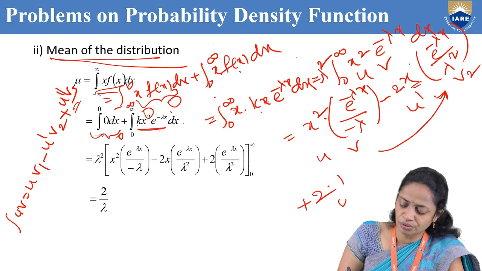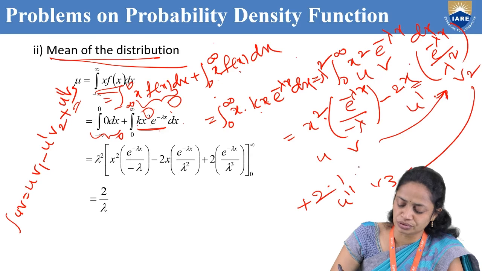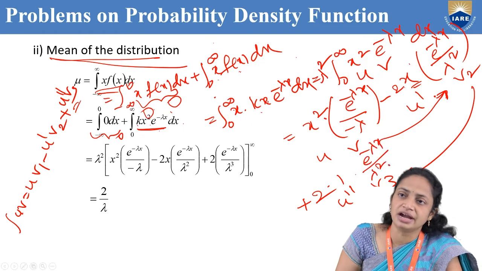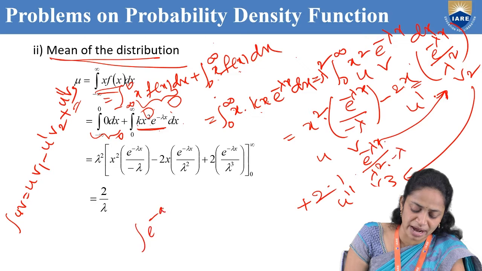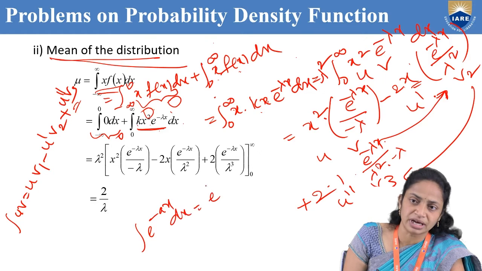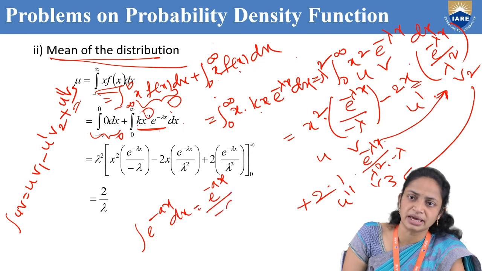For v3, the third integration: already we have lambda square, and the integration of e power minus lambda x is e power minus lambda x divided by minus lambda, because the integration of e power minus ax dx is e power minus ax divided by minus a.